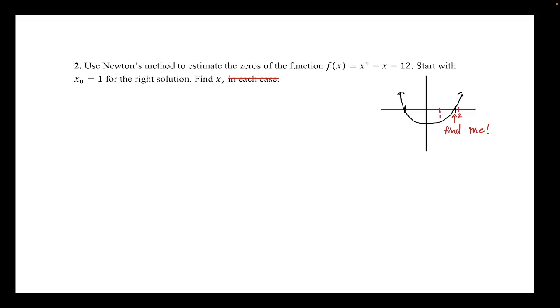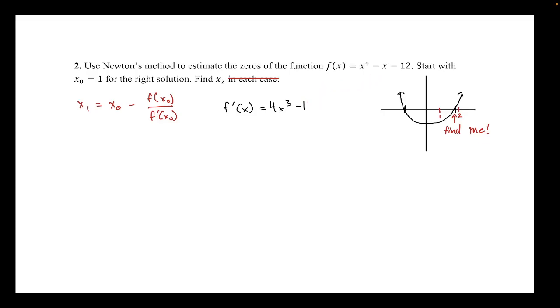So let's see what happens. x sub 1 is equal to x sub 0 minus f of x sub 0 divided by f prime of x sub 0. The derivative here, just for quick reference, let's put this in a different color. f prime of x is going to be 4x cubed minus 1. Again, just taking the derivative right there.